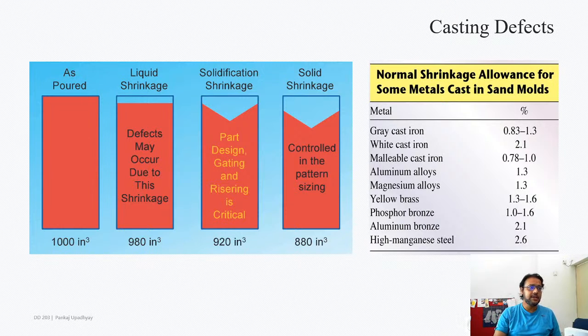Once the melting point is hit and the metal starts solidifying, then, as we discussed earlier, the parts that are closest to the atmosphere lose heat much faster, and hence cool down and solidify. This part gets solidified early, and as it goes to the center, the solidification gets slower.